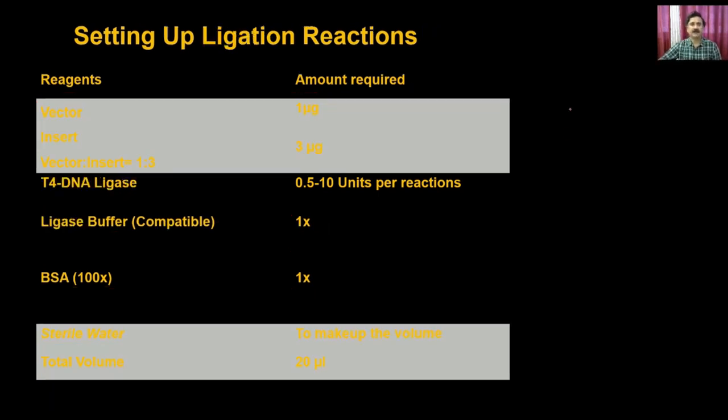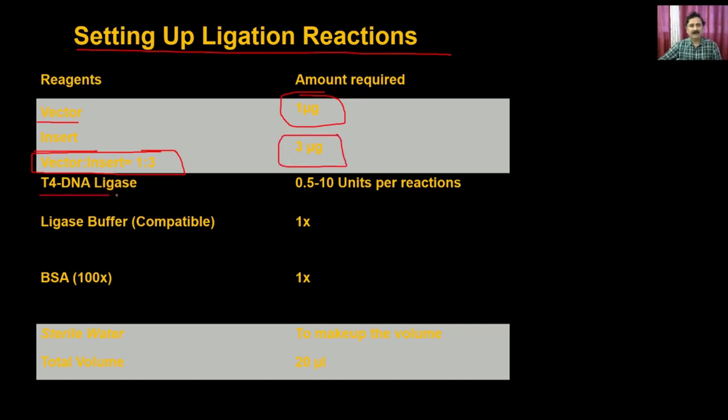Similarly, for the ligation reaction, you have to use the vector and the DNA. Both are digested with the restriction enzymes, and now the vector and the insert have to be taken. The only thing you have to remember is that when you want to do a cloning, the vector and the insert have to be in a ratio of 1:3, which means if you take the vector as 1 microgram, the insert has to be 3 microgram.